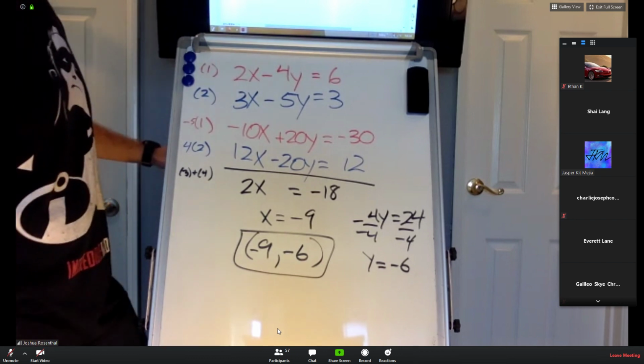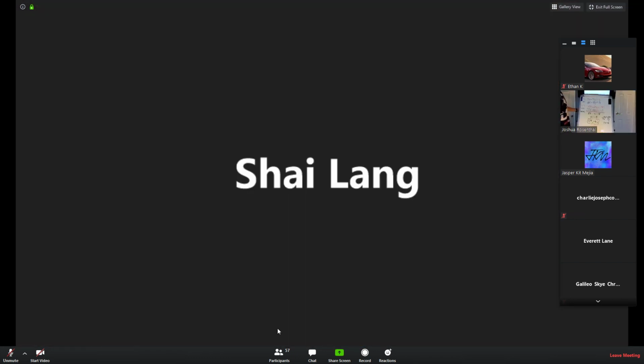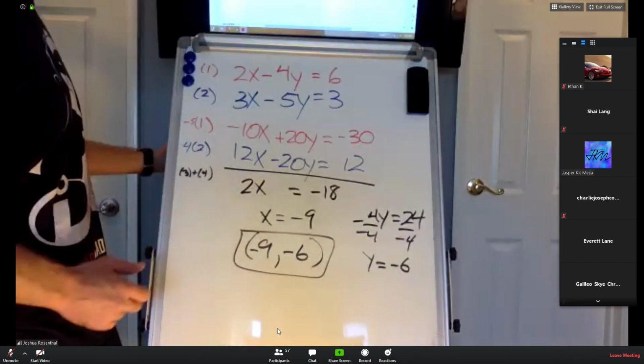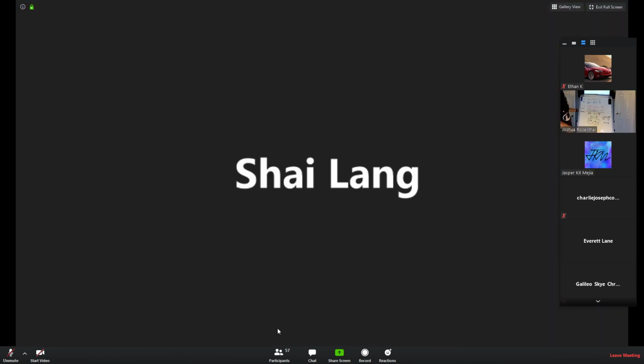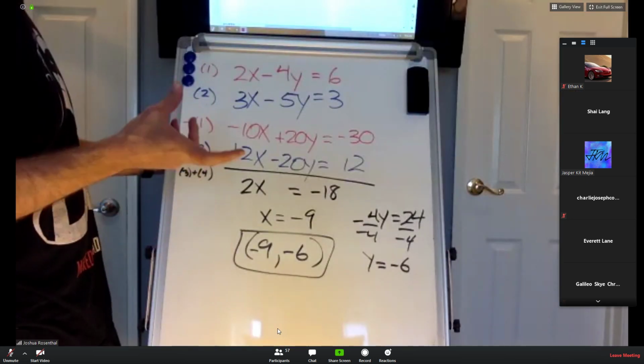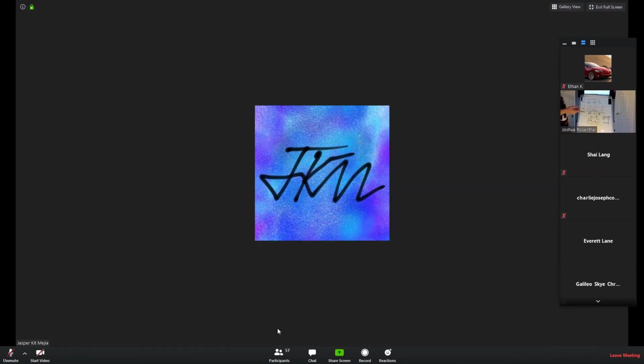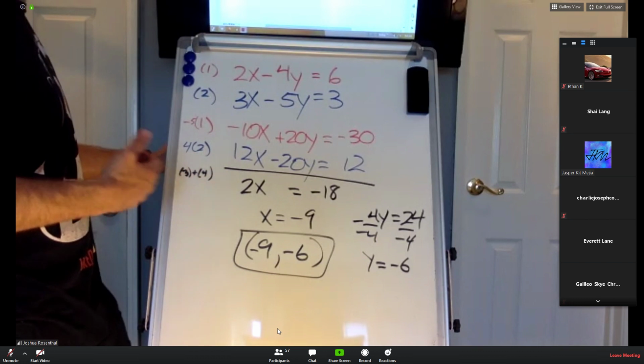When did that occur? If they are the same line. And how would you be able to tell what you would see in the problem? It'd be an identity. One of them would be in one form, and then they would give you the same equation manipulated into a different form, hoping you wouldn't be able to see. They would be checking to see if you saw that they're the same one or not.